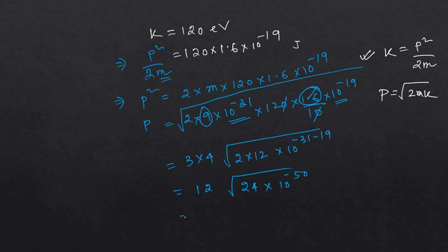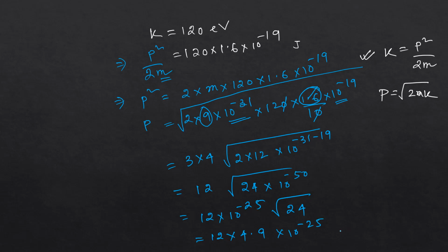So under root of 10 to the power minus 50 is 10 to the power minus 25. So 12 into 10 to the power minus 25 and under root of 24. Remember in the class we said that under root of 24 can be taken as 4.9 approx. So 12 into 4.9 into 10 to the power minus 25.